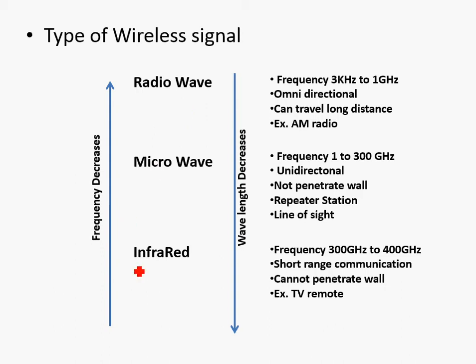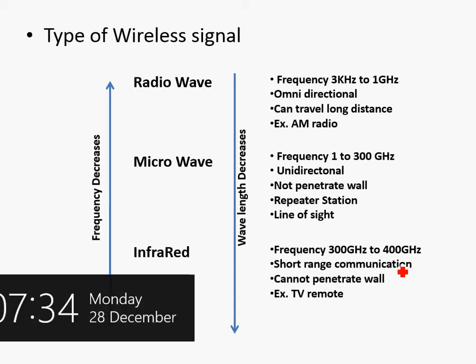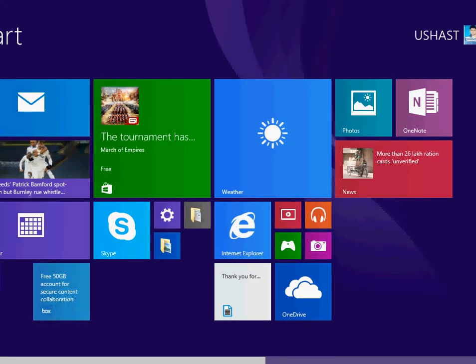You see here the highest frequency is of infrared rays and the lowest is of radio waves. Frequency and wavelength are inversely proportional to each other, so the wavelength is lowest in infrared rays and highest for radio waves. So the infrared frequency range is 300 gigahertz to 400 gigahertz.